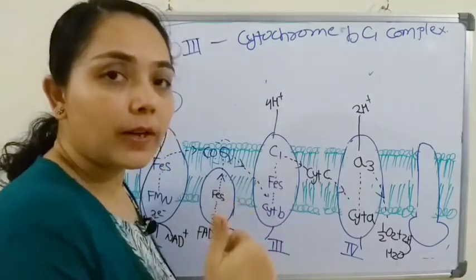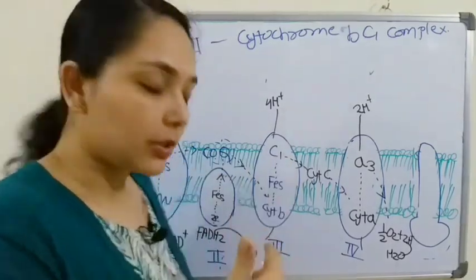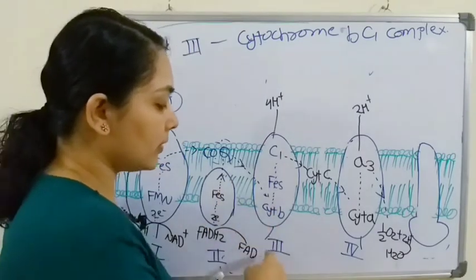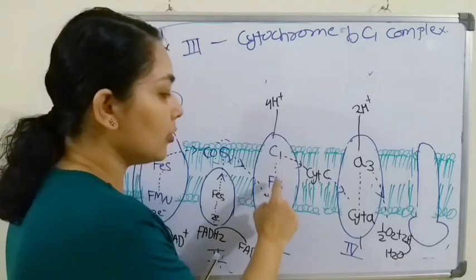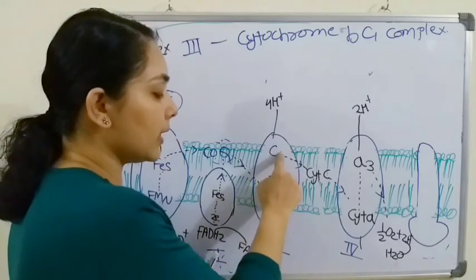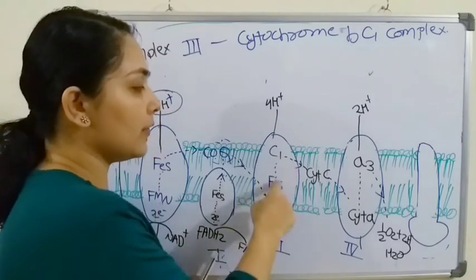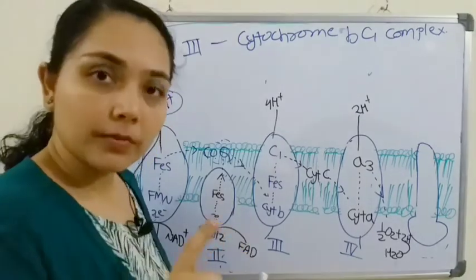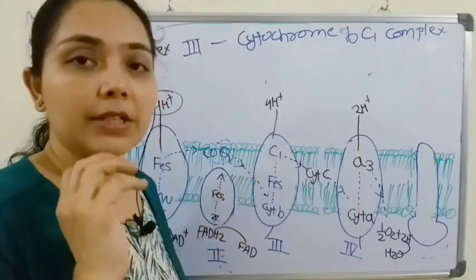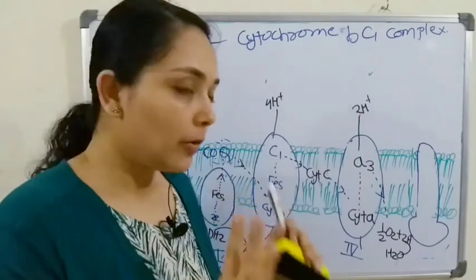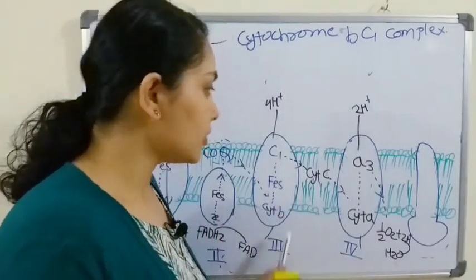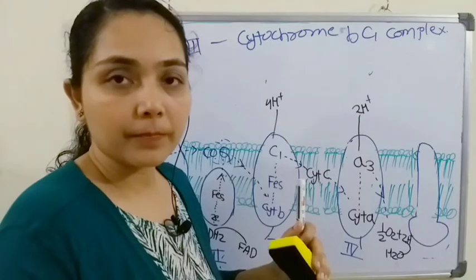So the path in complex 3 is from cytochrome b to iron sulfur to cytochrome c1. Here also energy is released, and that energy will pump 4 protons from the matrix to the intermembrane space.